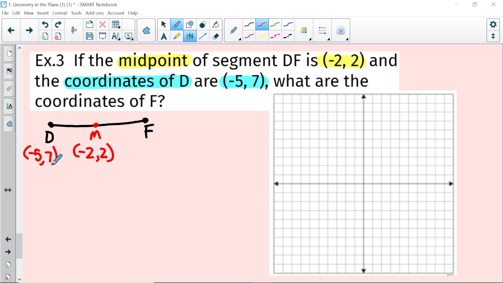So if we can figure out how much it'll take for us to go from D to the midpoint, we can figure out how much more it has to go from the midpoint to F. And we are going to look at both using the formula and the slope method.